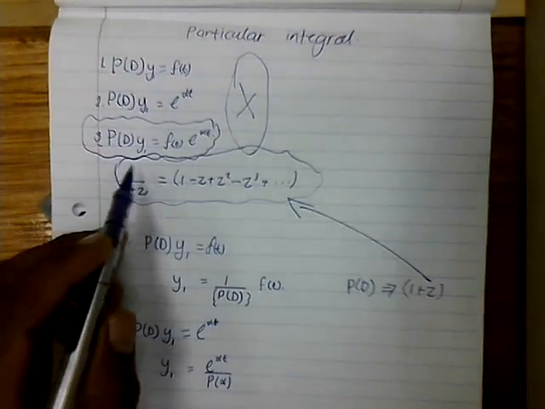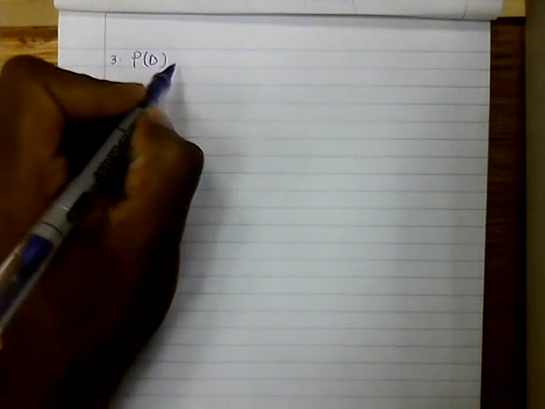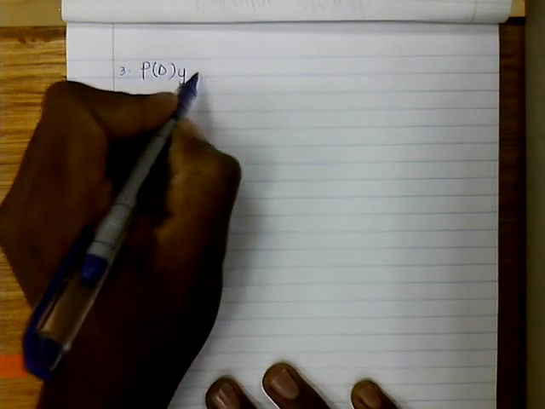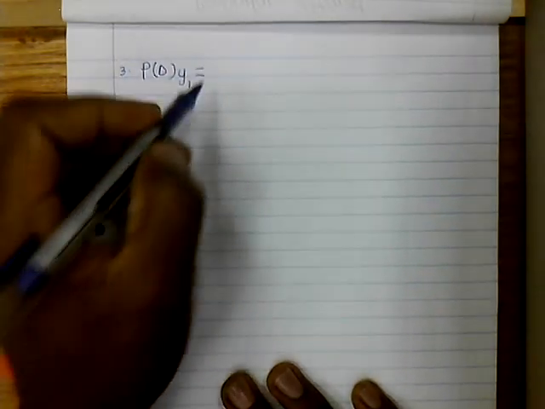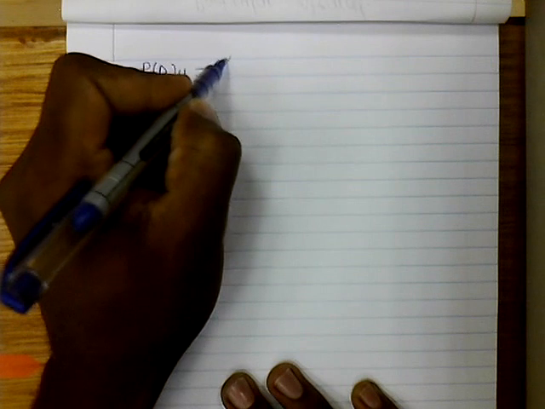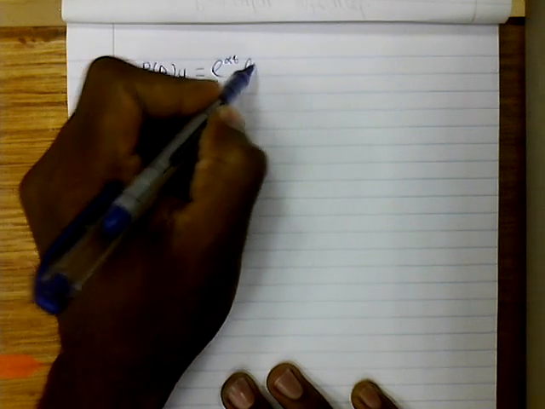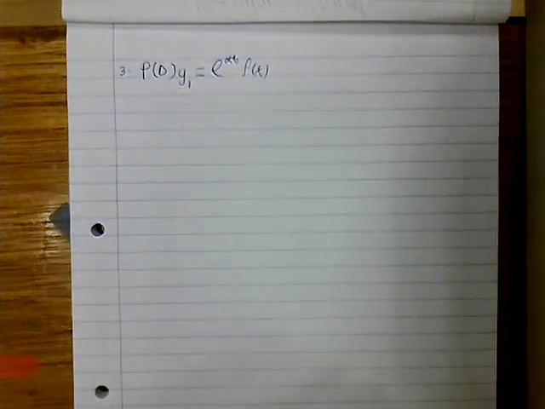Number 3 is PD operating on y1 is equal to e to the alpha t, some function in terms of t.